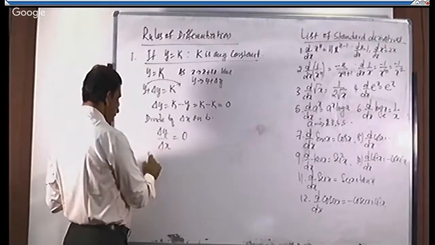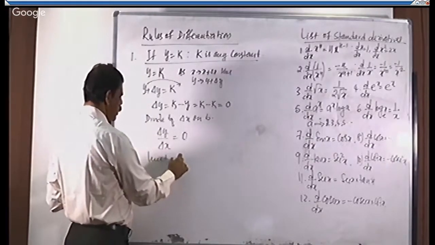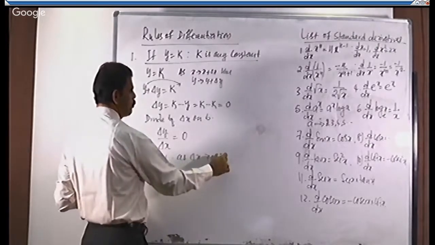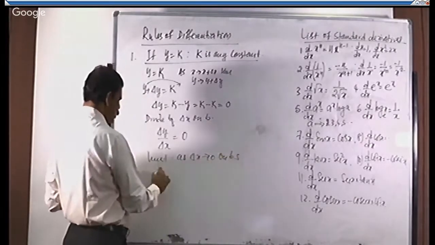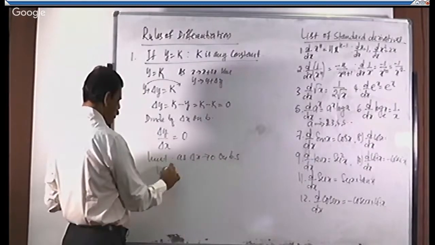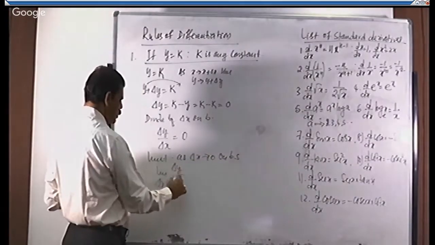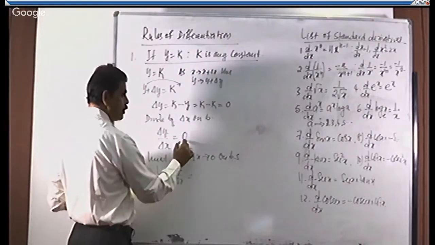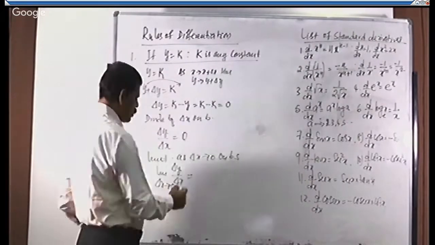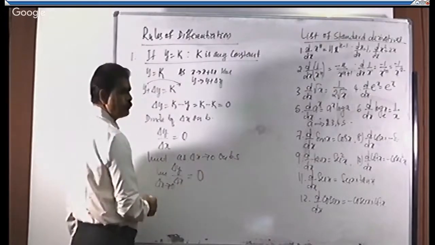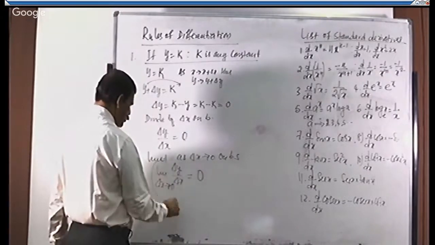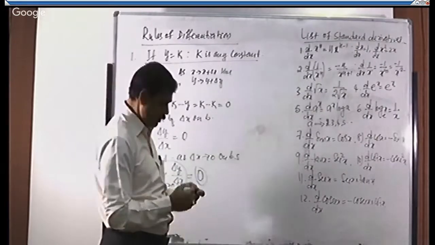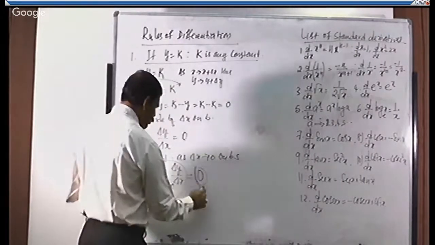So if I take the limit as delta x tends to 0 on both sides, what you will get? The limit of delta y divided by delta x as delta x tends to 0 is equal to, there is no x at all, so it will be 0. This is a defined function, so definable.